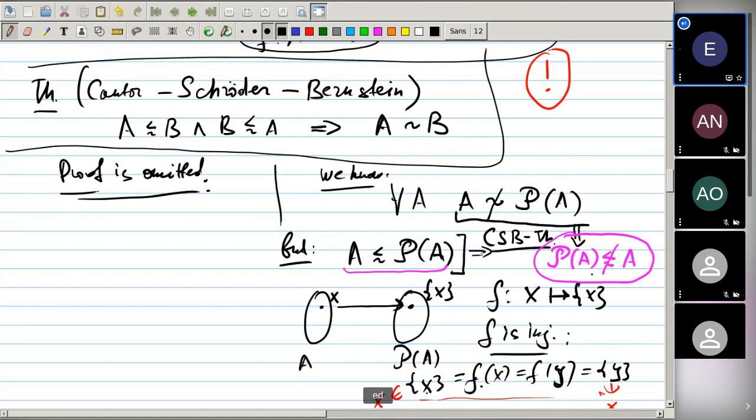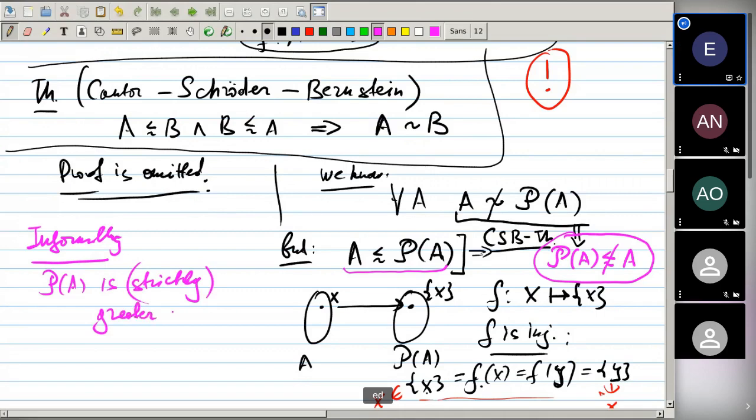So there is no embedding, no injection from P of A to A. Informally, that means that P of A is strictly greater than A in size.